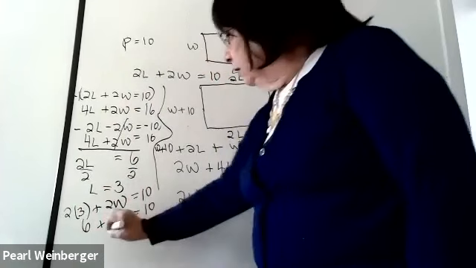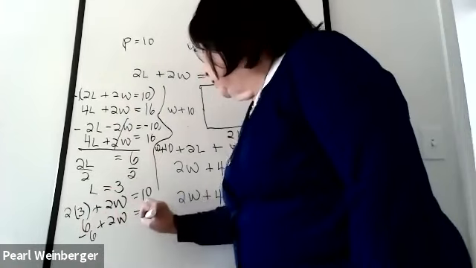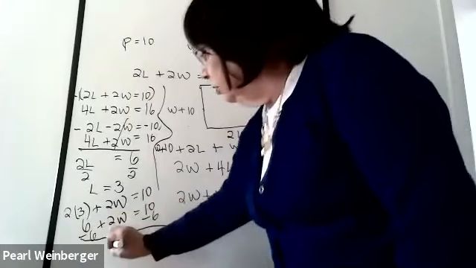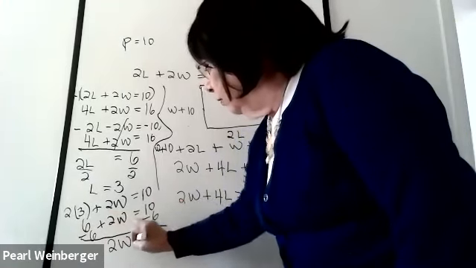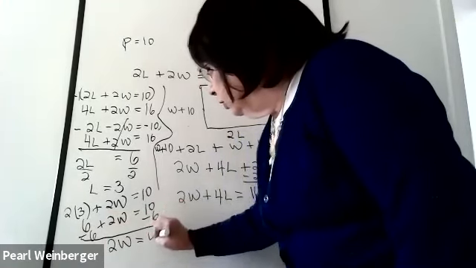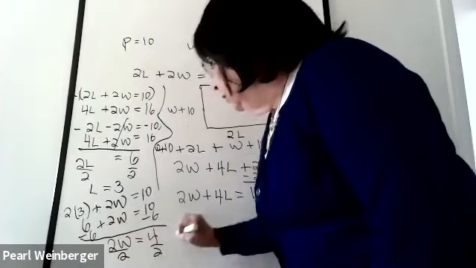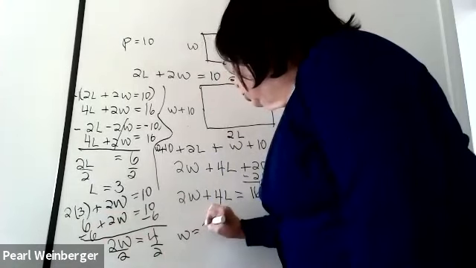And when I subtract 6 from both sides, I get 2W equals 10 minus 6, which is 4, and therefore W equals 2.